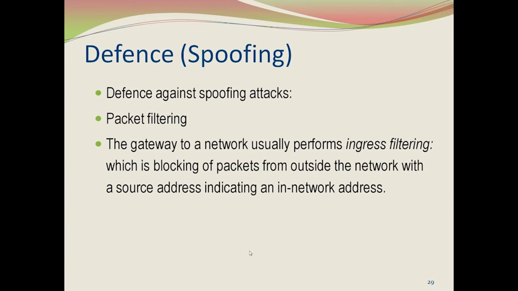So, the gateway to a network usually performs ingress filtering. That means, for packets coming into the network, what does it check? Ingress filtering means the blocking of packets from outside the network with a source address indicating an in-network address. Now, since the packet is coming into your network, obviously the source address will be somewhat different from this network's address.